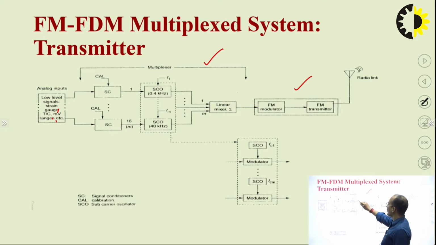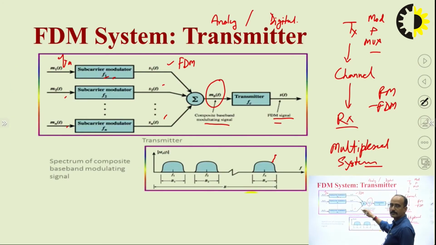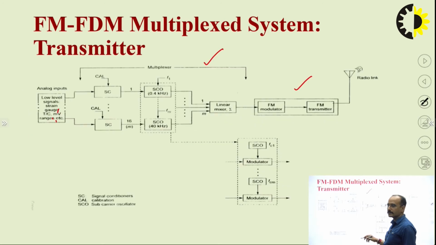Again, here it is the SCO part, subcarrier oscillator, the same as I told you in this part, this complete signal that is shown here. Now, after that we take the F1T, S1T, S2T, SNT, and that is applied to the linear mixer.